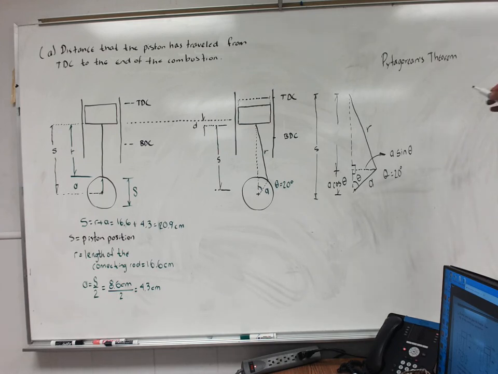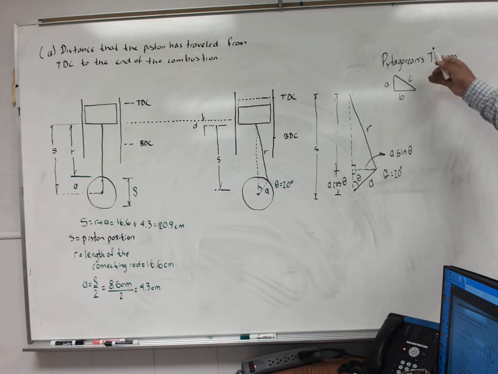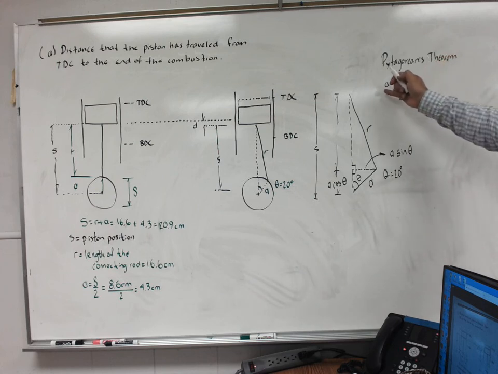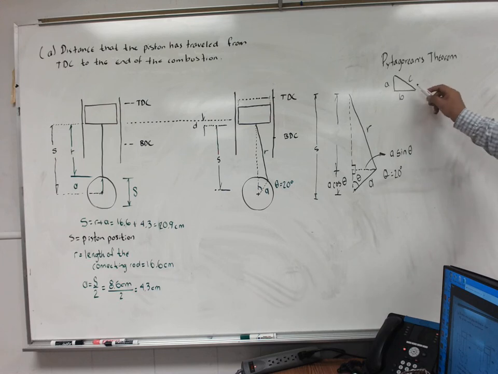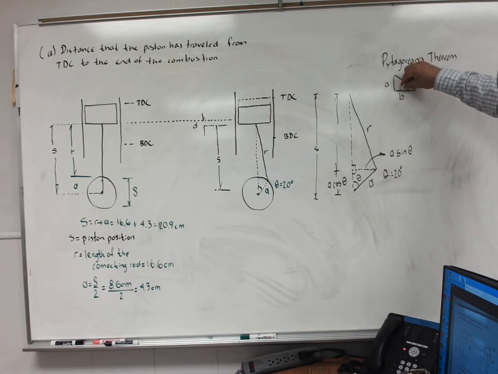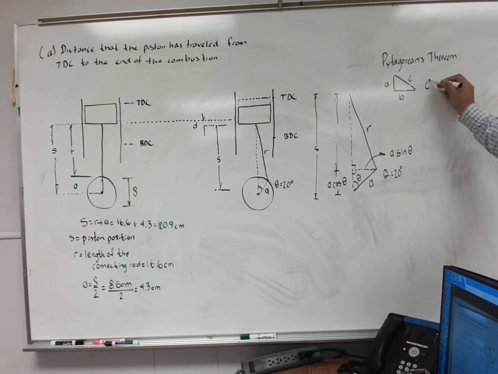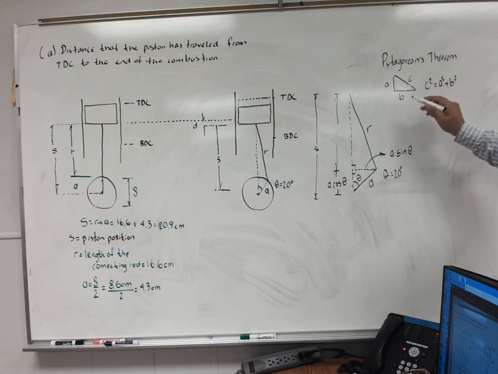Remember, the Pythagorean theorem is that we have this triangle, and we have A, B, C, which is the hypotenuse, the C, and the sides. Well, we don't have to use right now the angle because we don't have an angle here. So just remember that c squared is equal to a squared plus b squared.